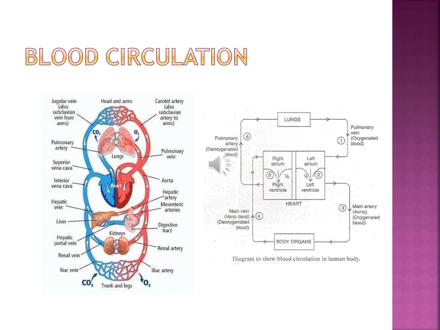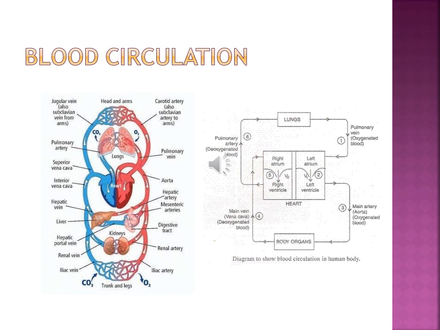When the right atrium contracts, the deoxygenated blood is pushed into the right ventricle. When the right ventricle contracts, it is pumped into the lungs through the pulmonary artery.